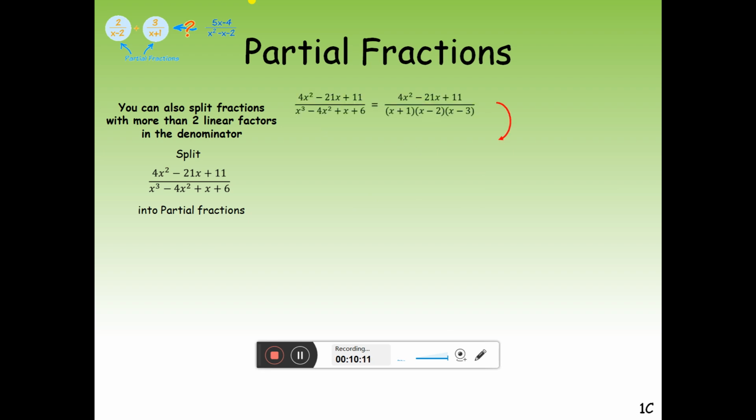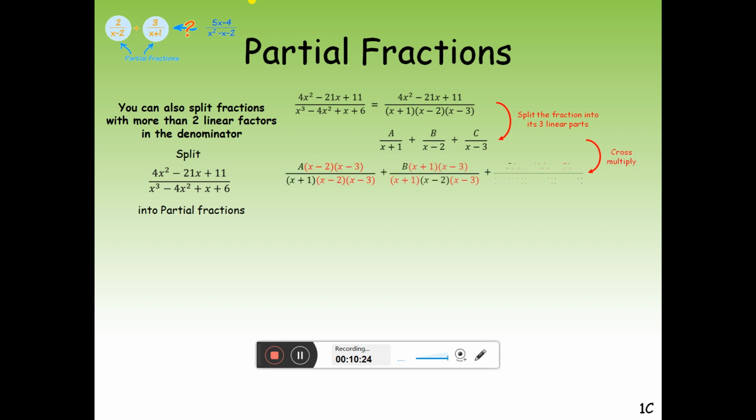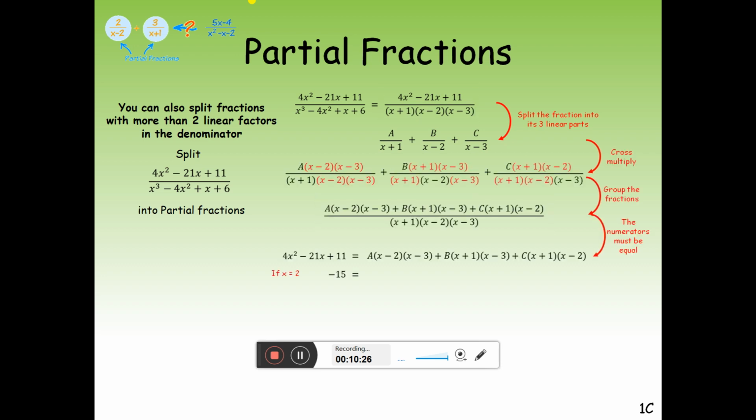Now we have three factors, so this question becomes like the previous one. Again we will take a upon x plus 1, b upon x minus 2, c upon x minus 3, and again we use the same method to find the partial fraction, that is, the values of a, b, and c.